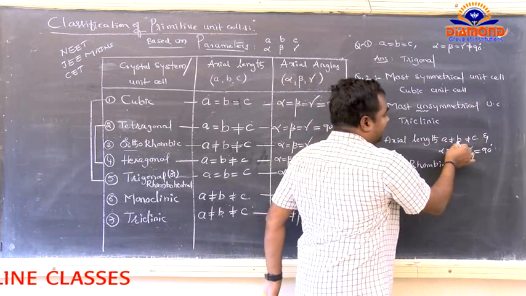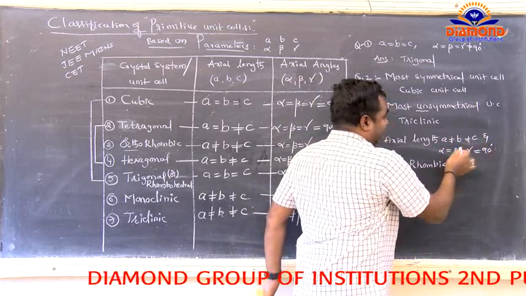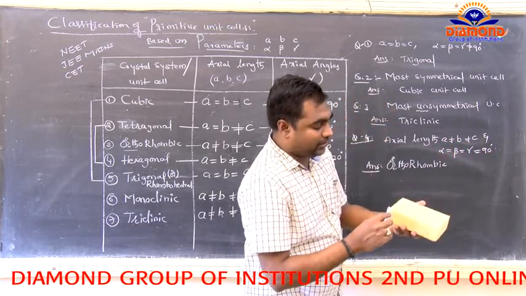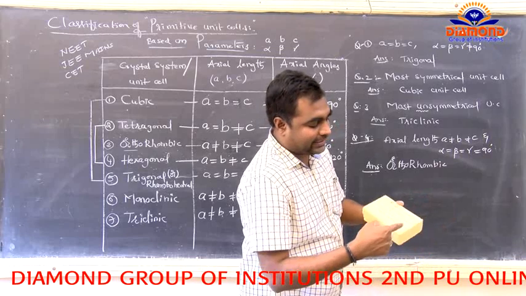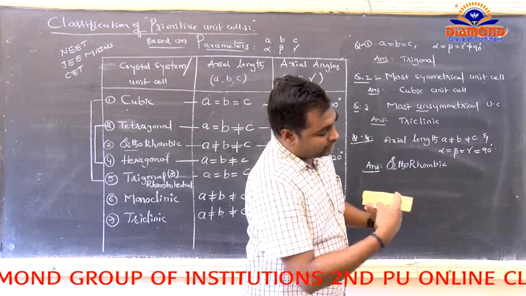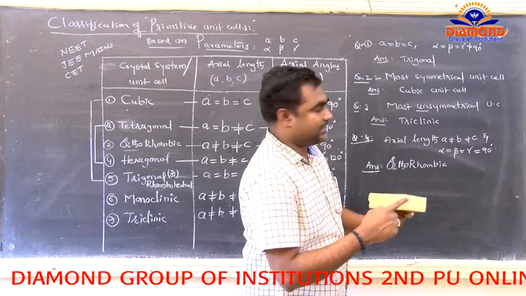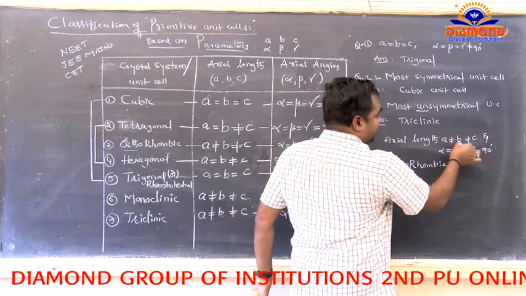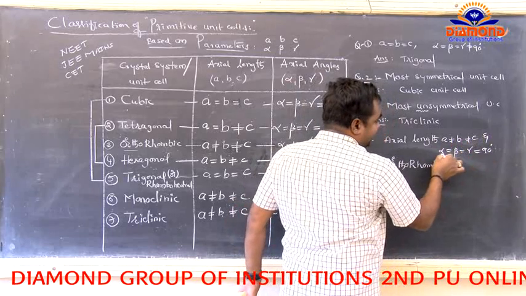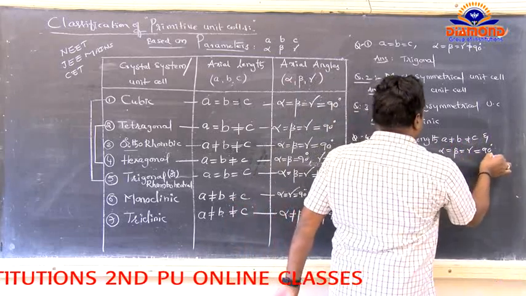A not equal to B, not equal to C. And in between each pair of these we get an angle of 90 degrees. So A not equal to B, not equal to C, and alpha equal to beta equal to gamma equal to 90 degrees belongs to the orthorhombic.